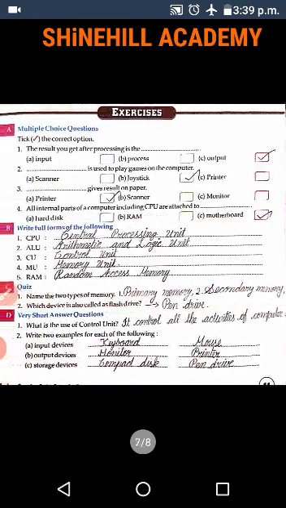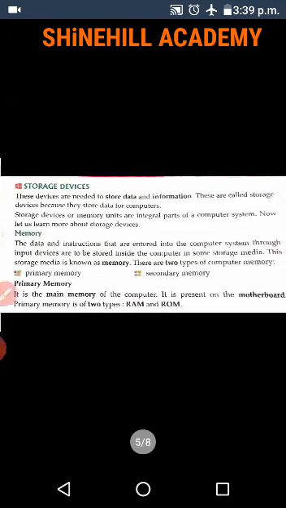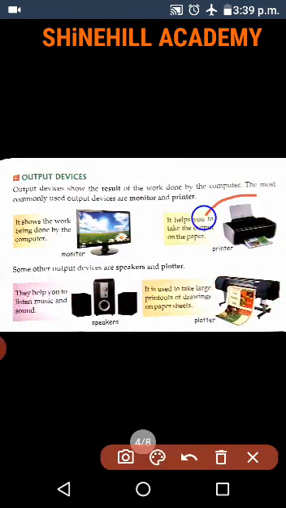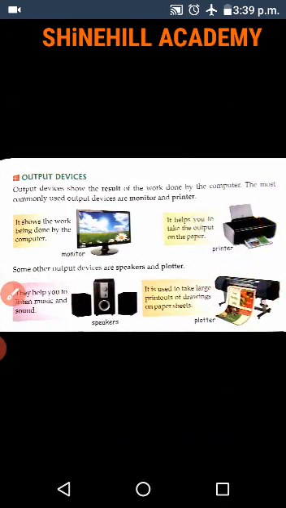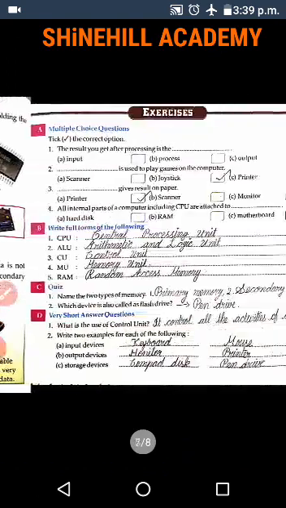Okay, listen here. The printers are classified into three types. They are dot matrix printer, inkjet printer, and laser printer. Okay, you will study the three types of printers briefly in the next classes.